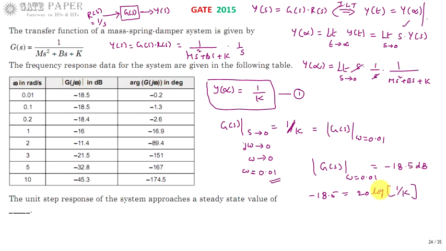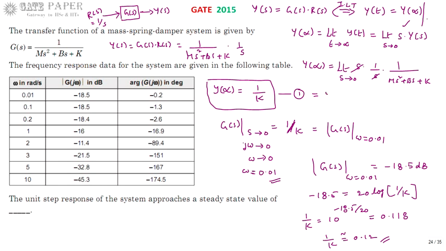Now 1 by k is equal to 10 power of minus 18.5 divided by 20, which is equal to 0.118. If you round this off, 1 by k is approximately 0.12. So the final steady state value, which is 1 by k, approaches 0.12 as time tends to infinity.